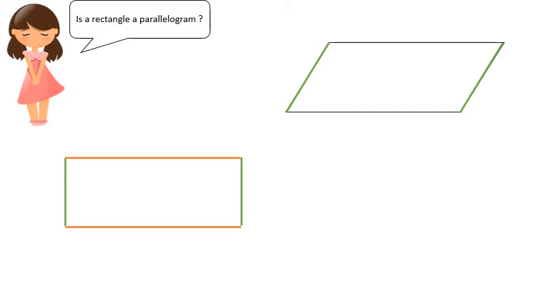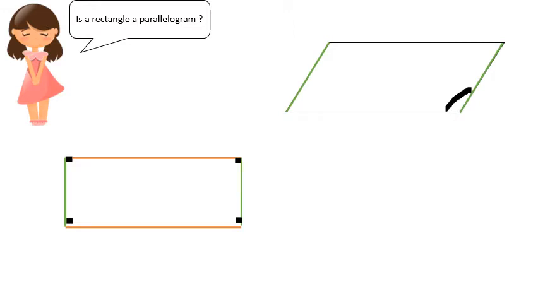The only difference between parallelogram and rectangle: in a parallelogram, this is not a right angle, but in a rectangle we have 4 right angles. This is a right angle, and this another right angle, and here another right angle and another right angle. So we have 4 right angles.